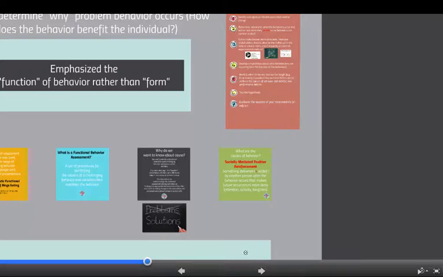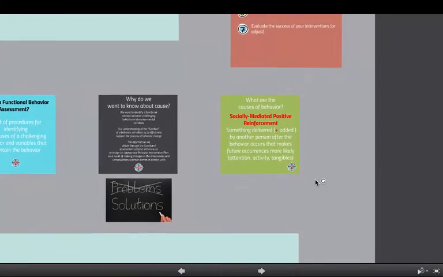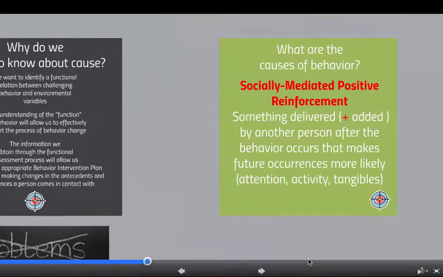Now, we keep talking about function of behavior and causes, and one of the things I want to do at this juncture is to review those things that we know are responsible for maintaining behavior. And the first is what's referred to as socially mediated positive reinforcement.